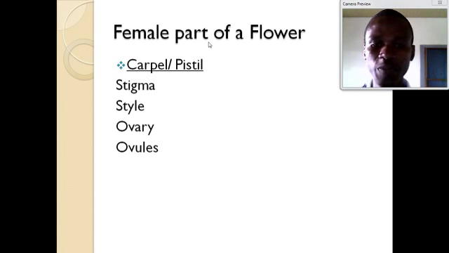The female part of the flower is called carpel or pistil. The carpel is made up of stigma, style, ovary, and ovules.